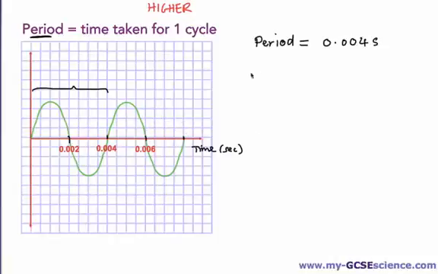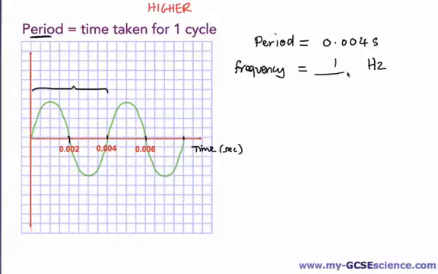Now from this you can actually work out what the frequency is. Now the frequency, remember, is measured in hertz, and that means how many cycles per second. So if I've got one cycle and that takes 0.004 seconds, how do I work out how many cycles I have in 1 second? Well, it's a fairly straightforward calculation.